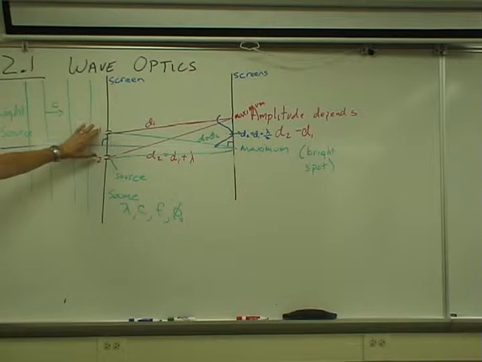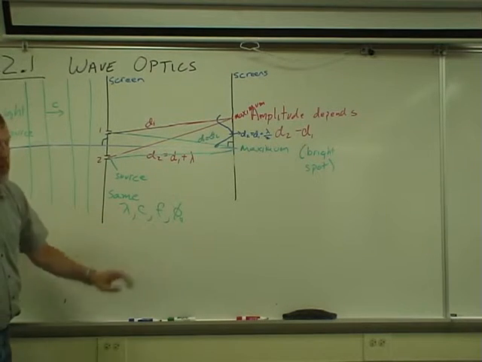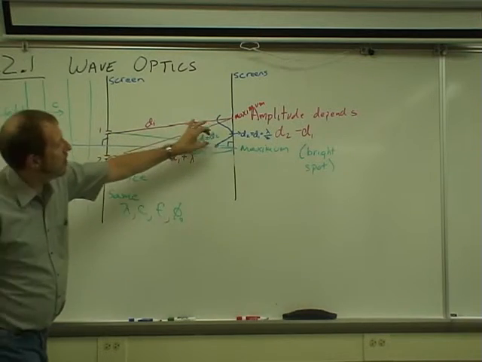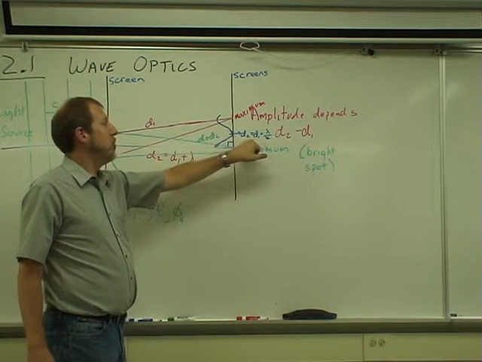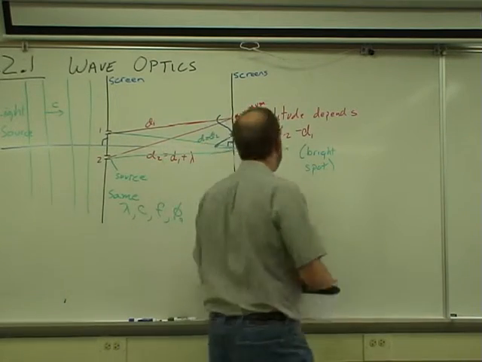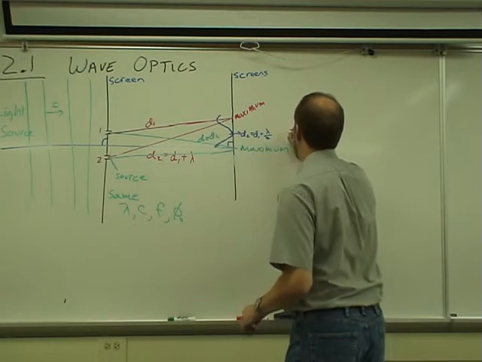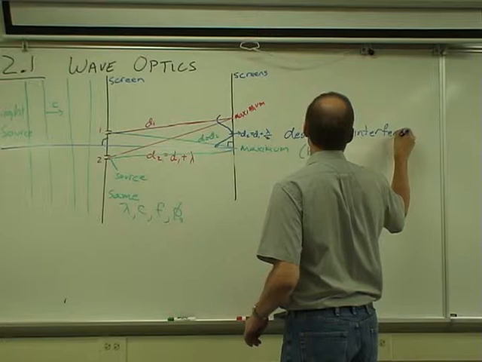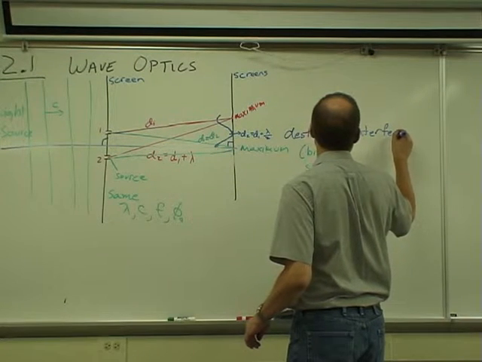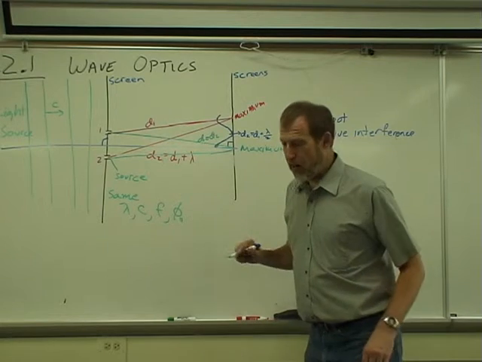And because the light coming through those holes, the light that I'm treating as two different sources, is from the same light wave, we know they've got the same wavelength, the same speed, the same frequency, then at that point where the distance taken along path d2 is equal to d1 plus 1/2 a wavelength, that gives me destructive interference. Or a dark spot.